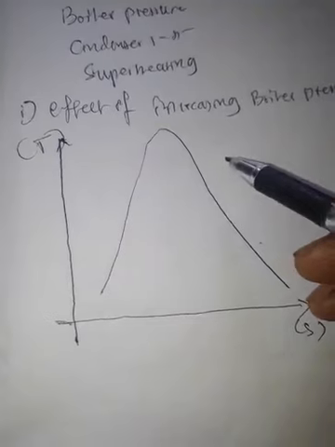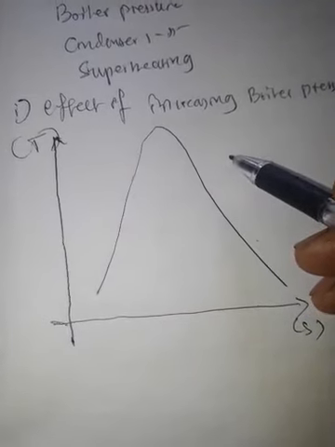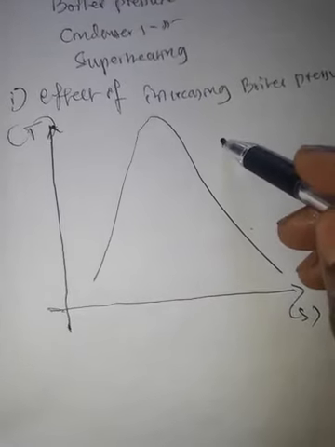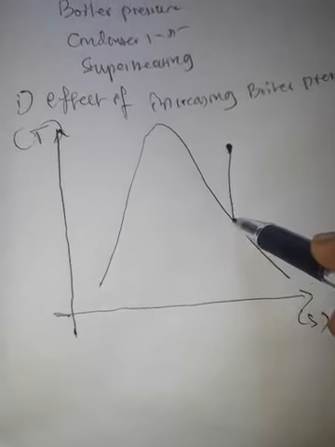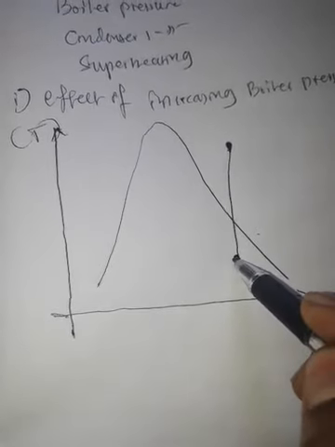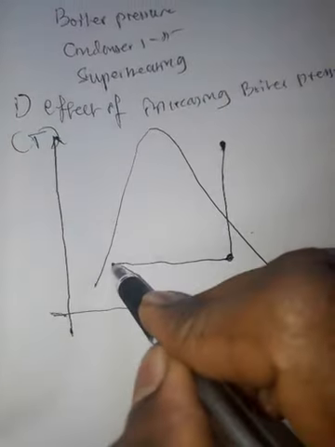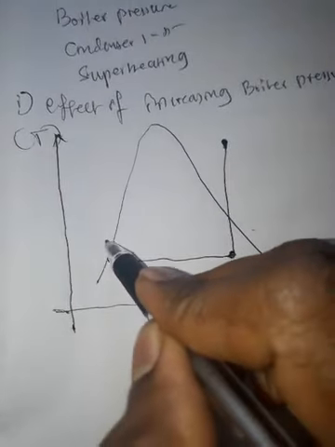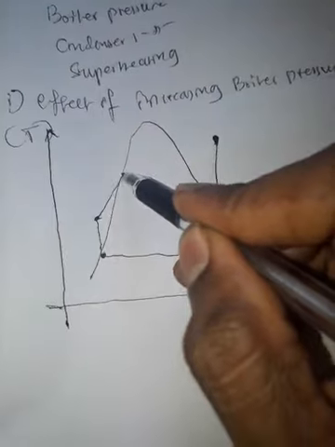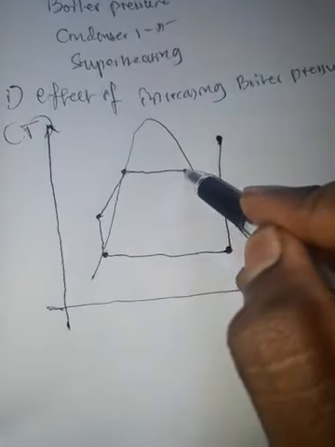Now let us assume the steam at the turbine inlet is at state 1 here. So 1 to 2 it undergoes isentropic expansion. So 2 to 3 undergoes condensation, 3 to 4 pumping, so 4 to 1 this is saturation.